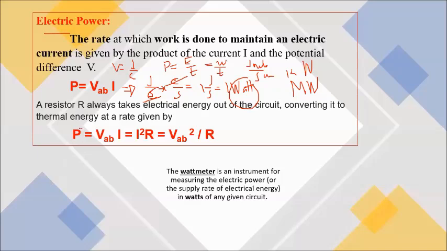So we can find the power dissipated by the resistor in this formula: V times I, I squared times R, V squared over R. So depende kung ano ang given, no? Values, you can find the electrical power in terms of V, I, and R. A wattmeter is an instrument for measuring the electric power, or the supply rate of electrical energy in watts, of a given circuit.